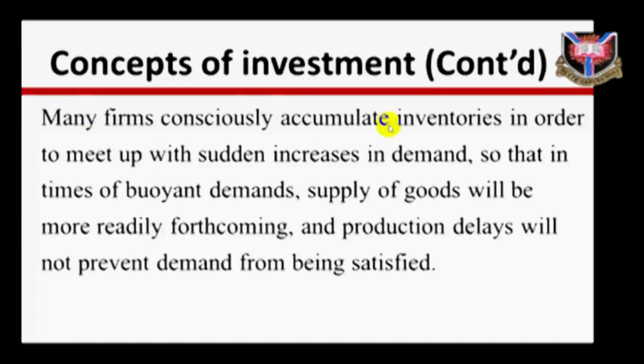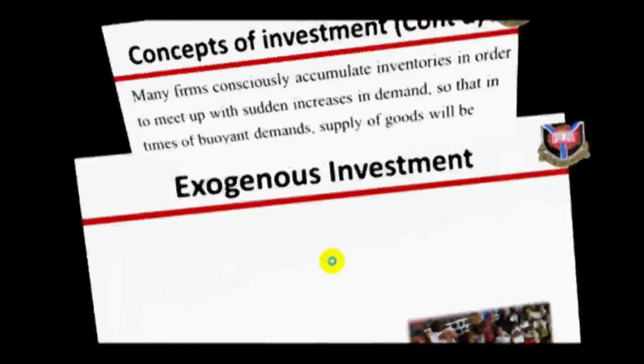Many firms consciously accumulate inventories in order to meet sudden increases in demand, so that in times of buoyant demand, supply of goods will be more readily forthcoming and production delays will not prevent demand from being satisfied.